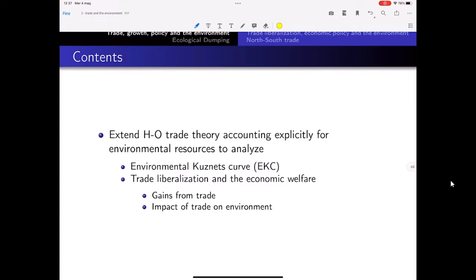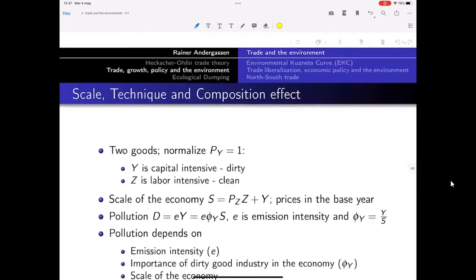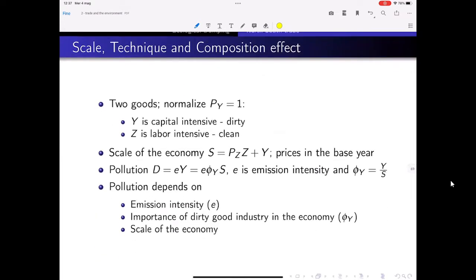I'm going to show you how this emerges from a mathematical point of view, looking at a formal description of the economy, and then also considering the impact of trade on the environment, and therefore how the environment affects welfare. This is also going to be important for the empirical papers I'm going to discuss, because this is how you can investigate things from an empirical point of view.